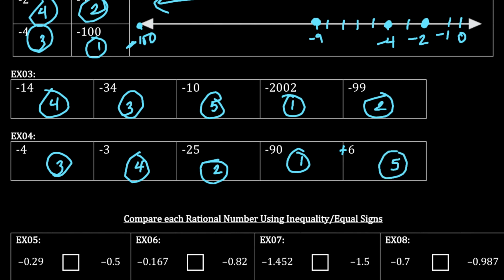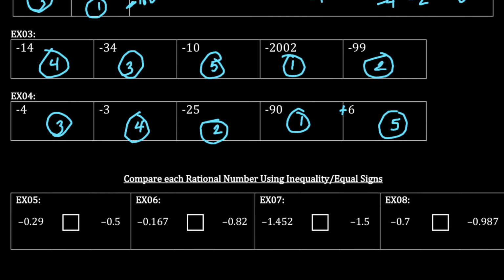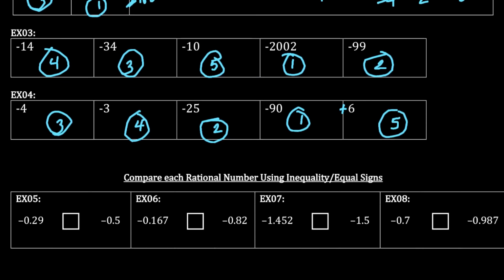So let's take what we did and apply it to decimal values. By this point we should know I'm just going to put the zeros here, right? So I want to look for the bigger negative.